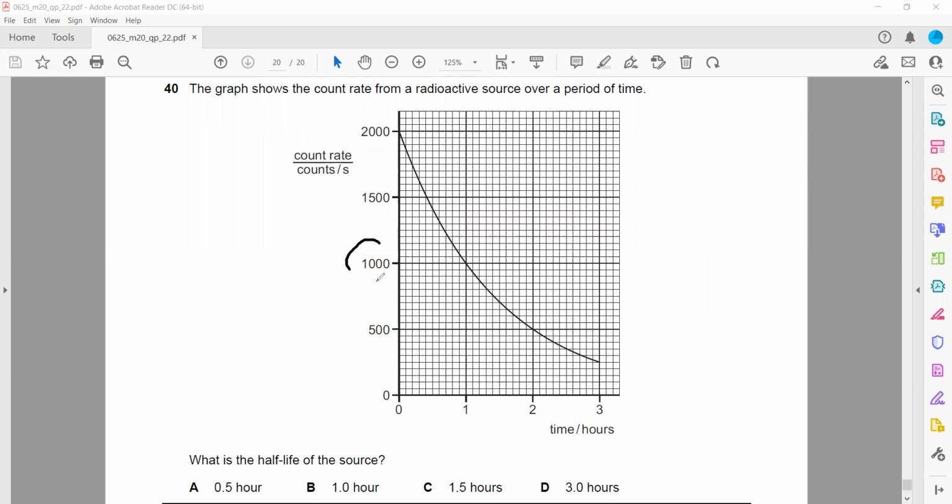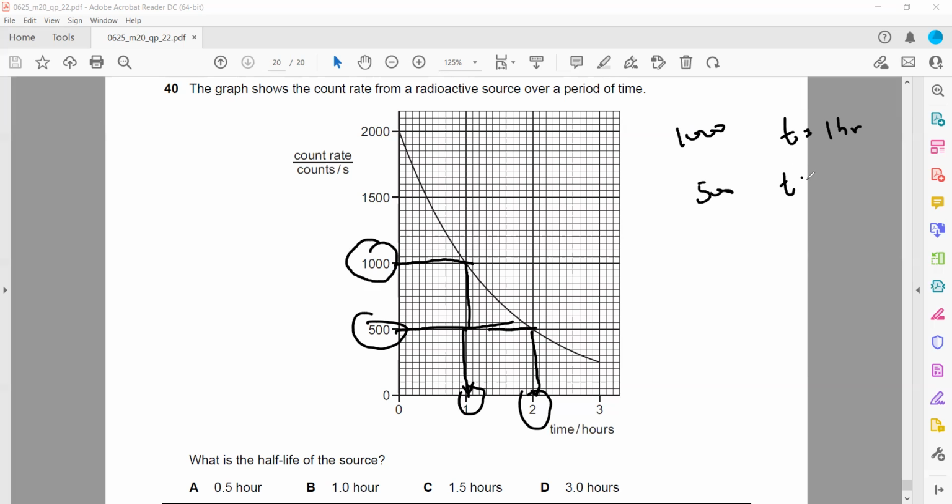For example, another student takes 1000. When it is 1000, you will find the time, that is 1 hour. So when the radiation count is 1000, the time is 1 hour. What is half of 1000? When we work out the time for 500, it will be 2 hours. So 500 is after 2 hours.